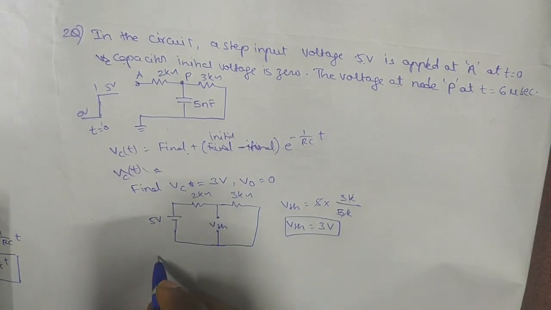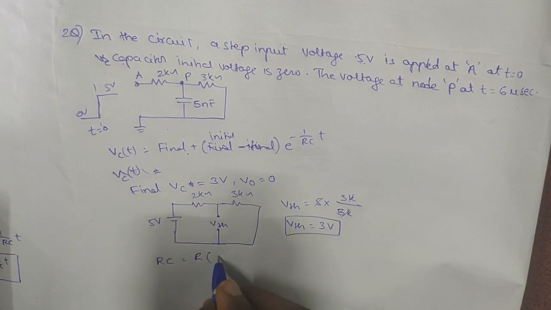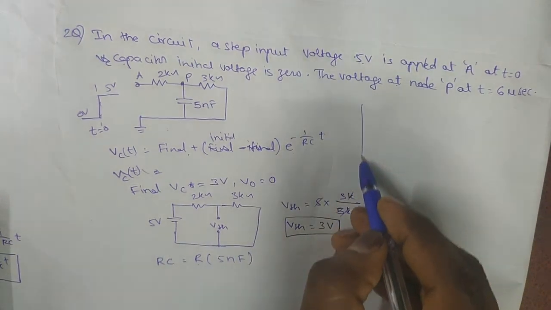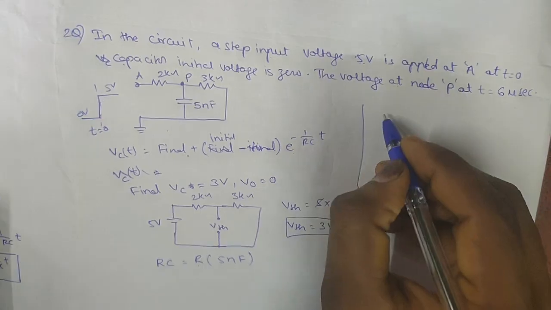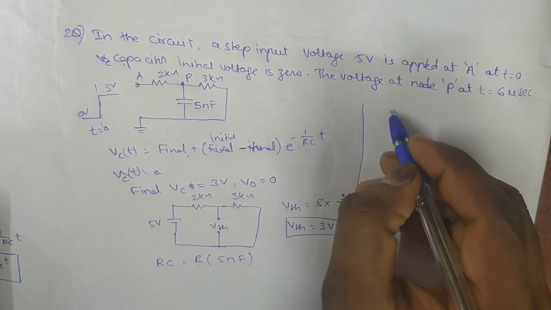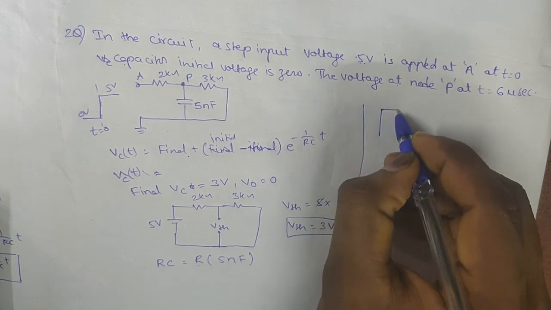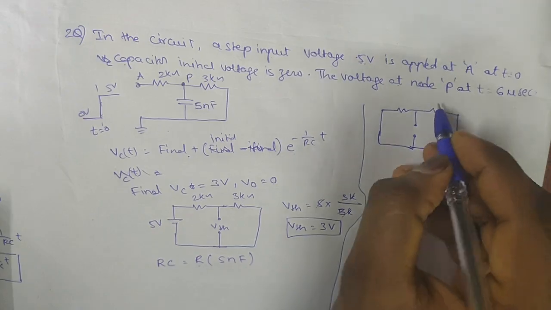Now we need to find RC. C is given as 5 nanofarads. To find R we need to find the Thevenin's resistance RTH from this circuit. So we need to short the voltage source and find the RTH value.